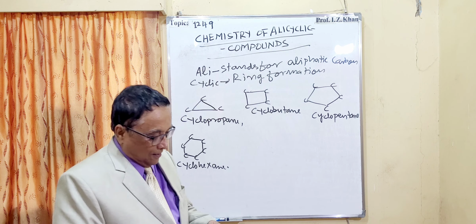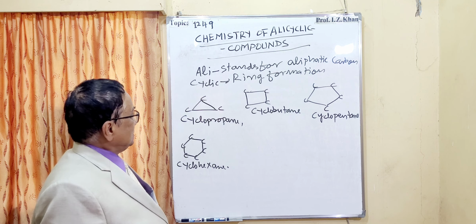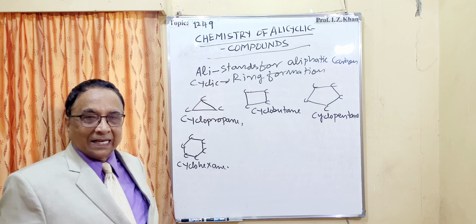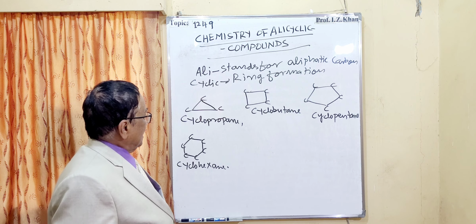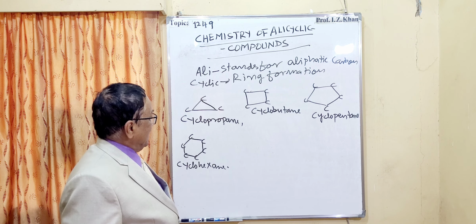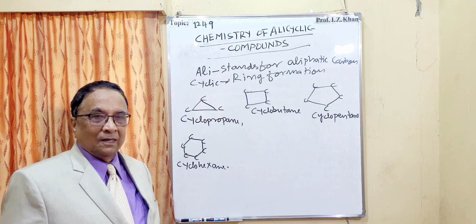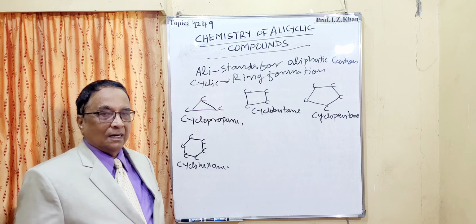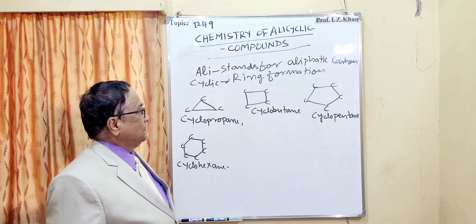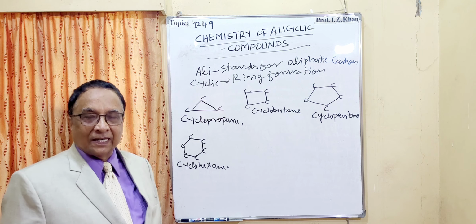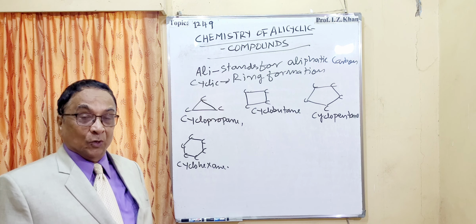So these are all aliphatic compounds. They are in cyclic form, and that is in the ring. And first one is made up of 3 aliphatic carbon, which is forming ring cycle, is called cyclopropane. The second one, where 4 aliphatic carbons are involved to form the ring, is called cyclobutane.